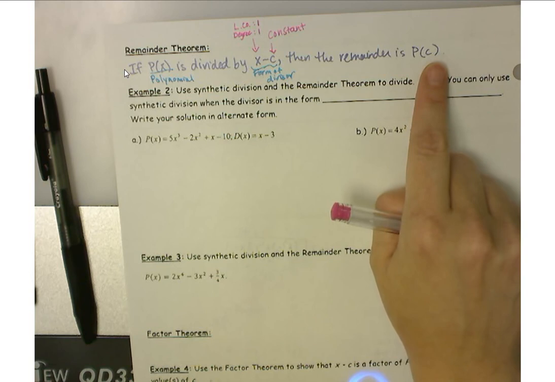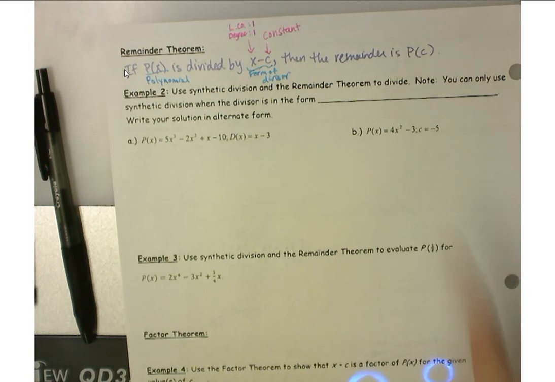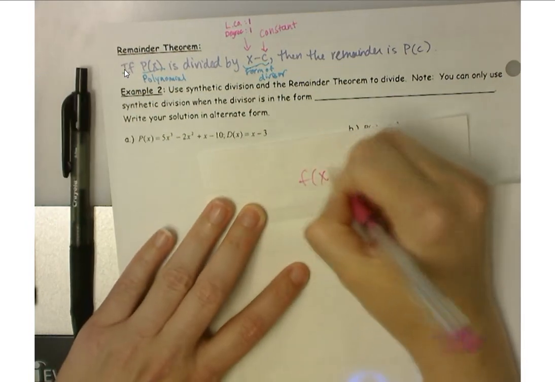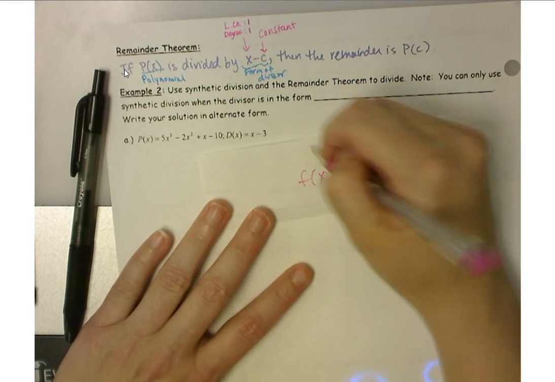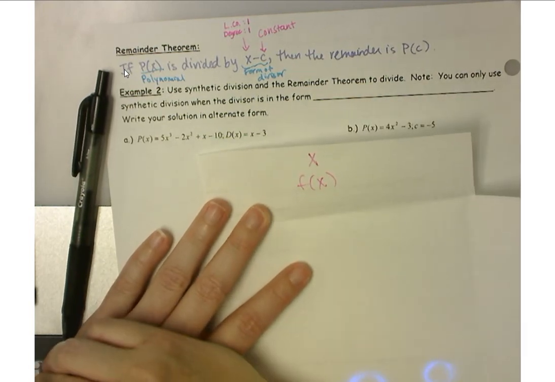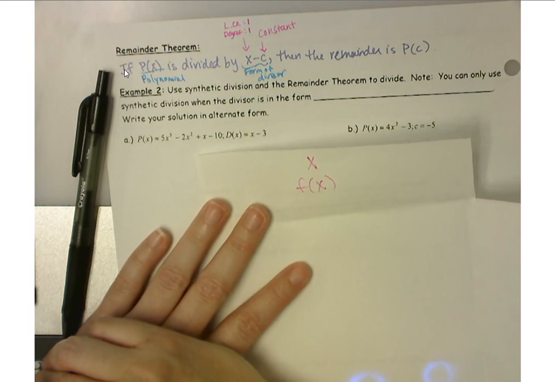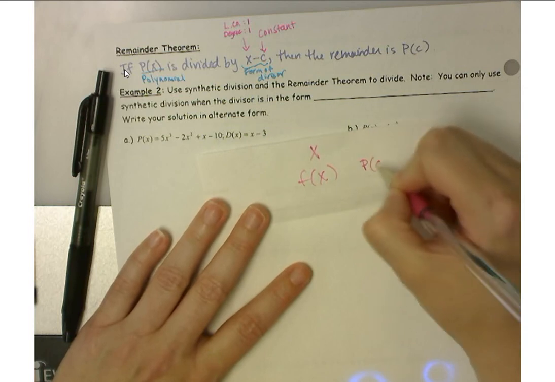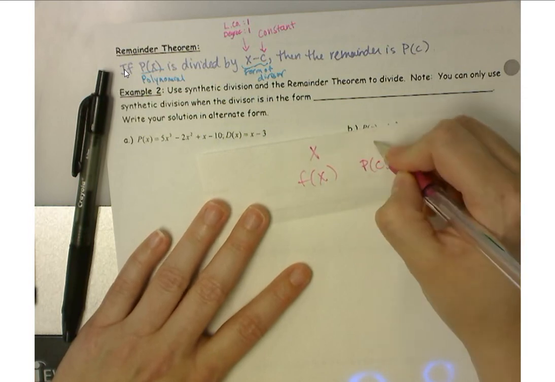Think about like your point, right? If you have f of x, what is f of x? What does it mean? X and f of x, what are they to each other? Input and output, right? X is your input, f of x is your output. This is the same thing, right? Except our output is P of c when our input is what?